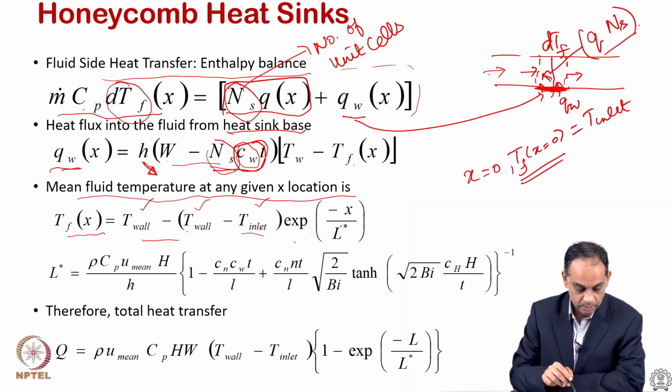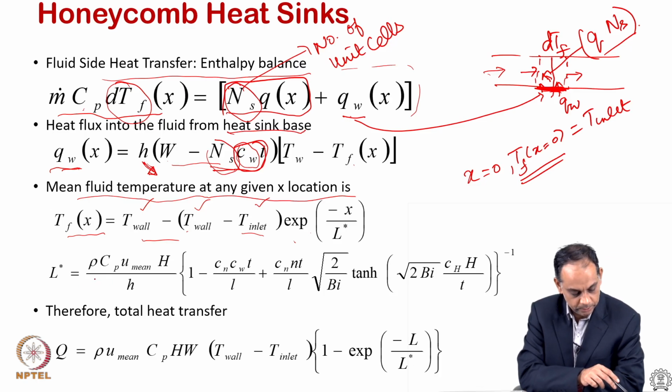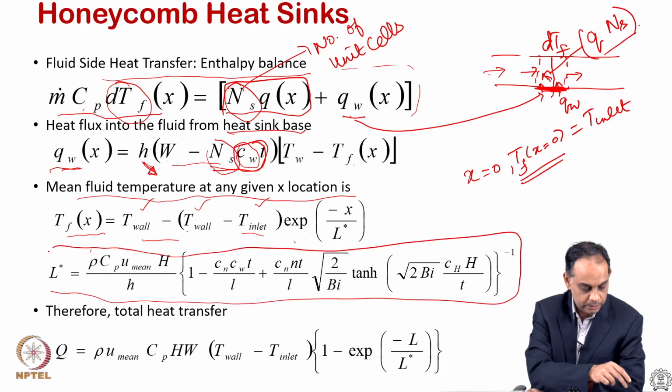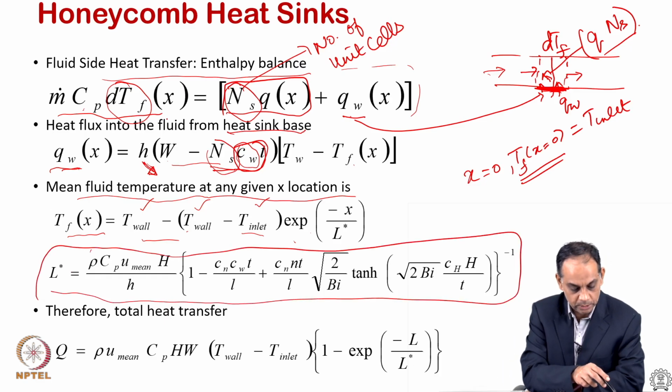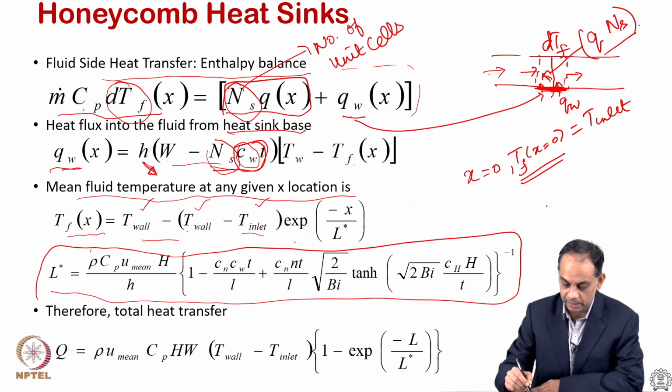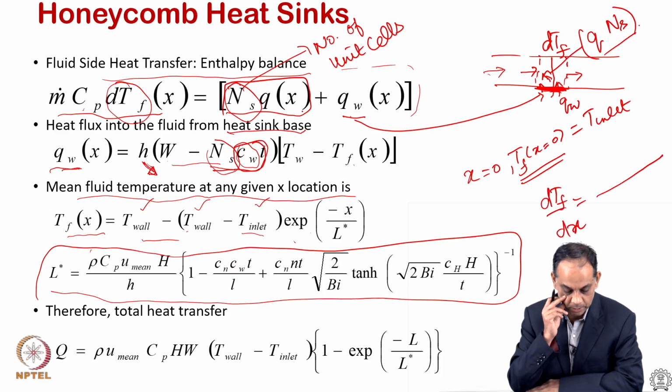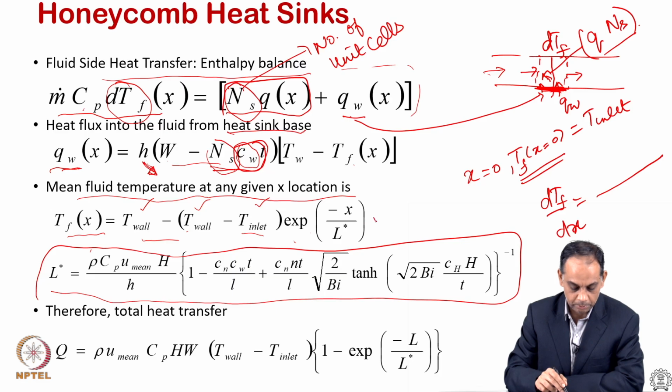And L star is obtained by grouping all these other factors into this long expression. If you plug this into this equation, you will end up getting dTf by dx equal to this, and upon differentiation you end up getting this.